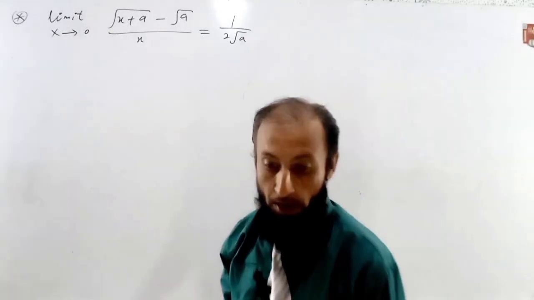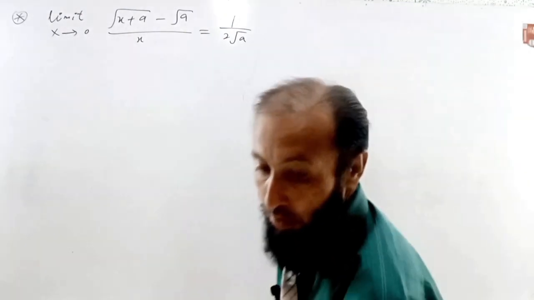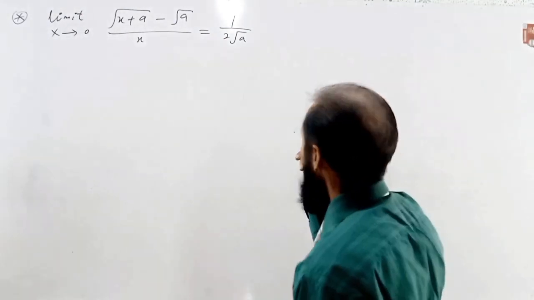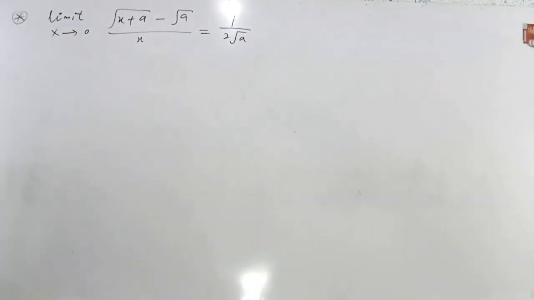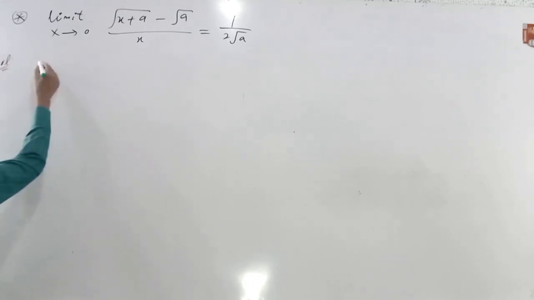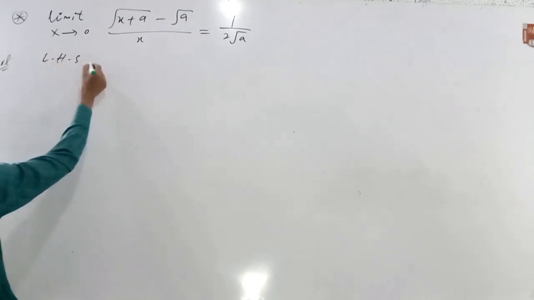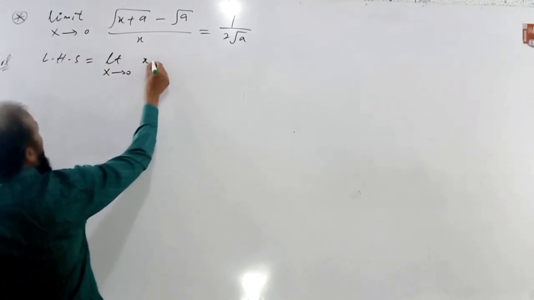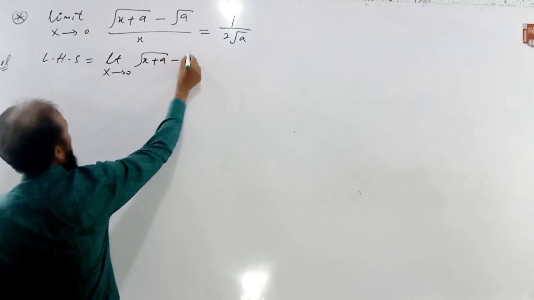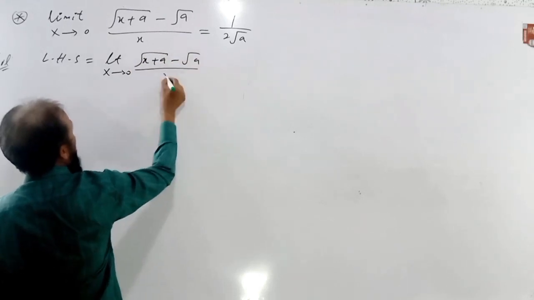Just like in the previous result, taking the left hand side, it is equal to limit x tends to 0, square root of x plus a minus square root of a divided by x.